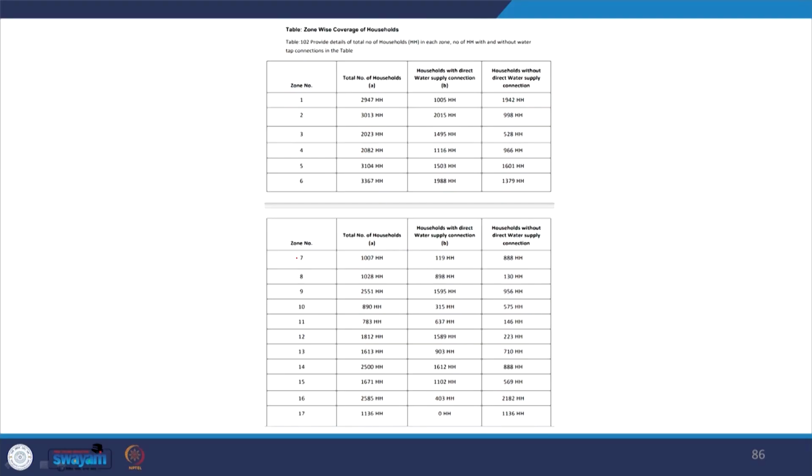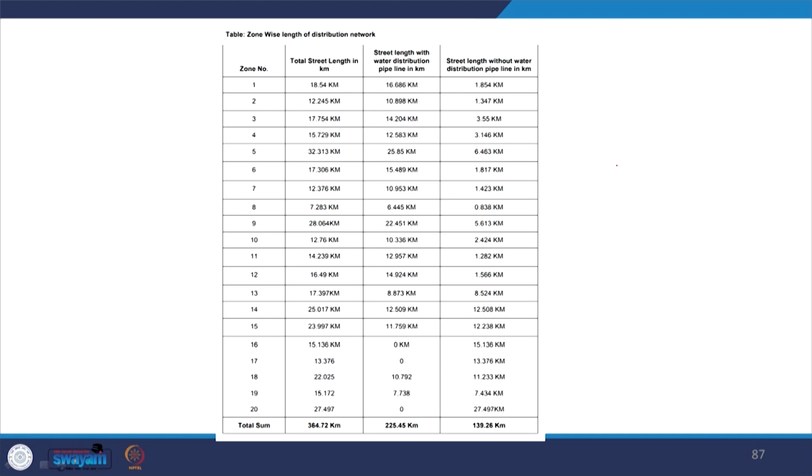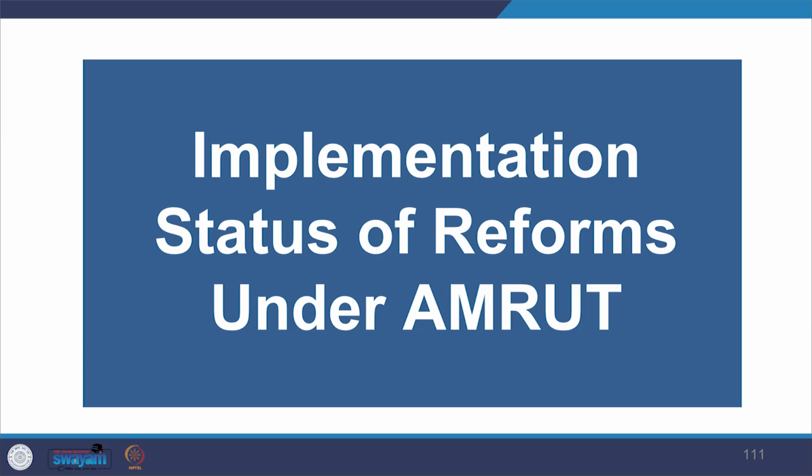Further we see how they have worked out water tap connections and the need of their area. So, we see how all these cities, states and the center are working together to make these things happen.